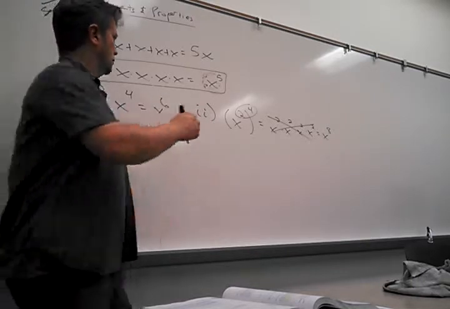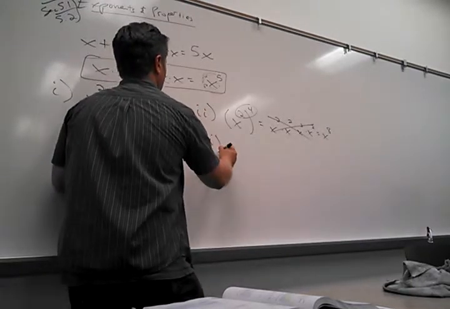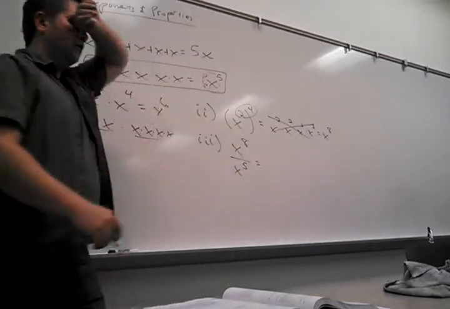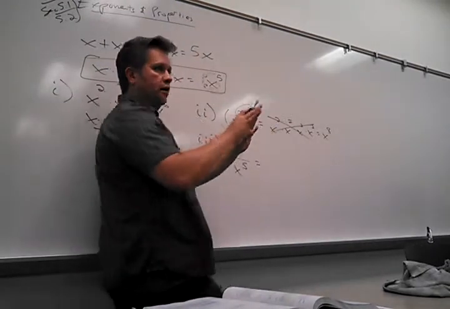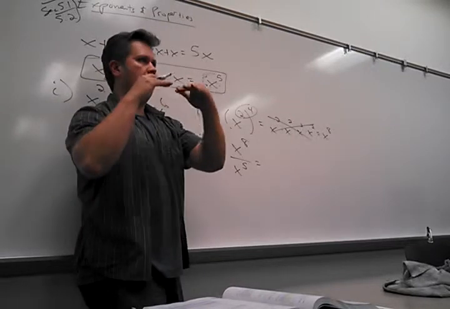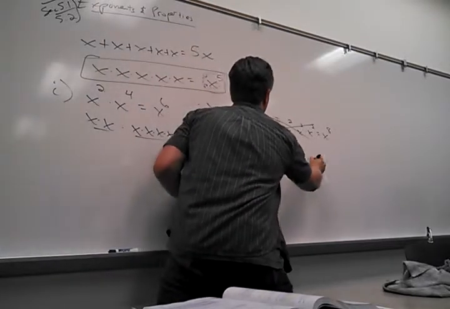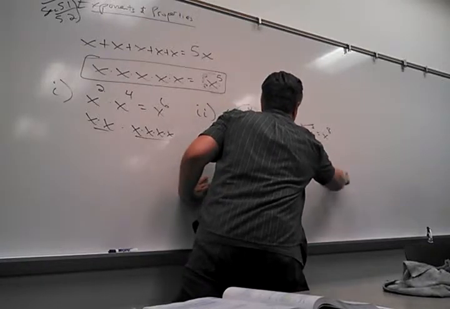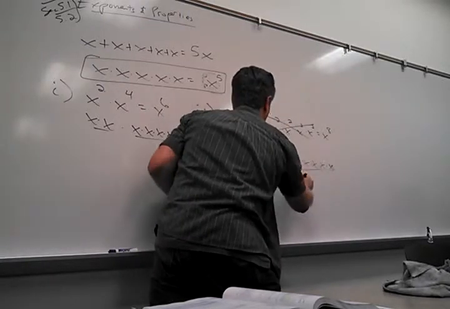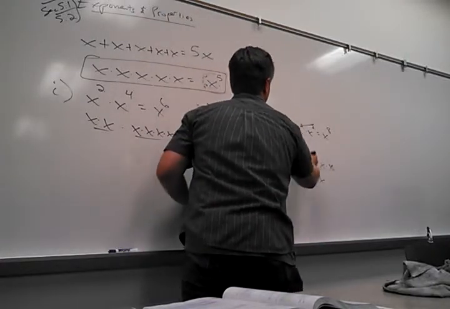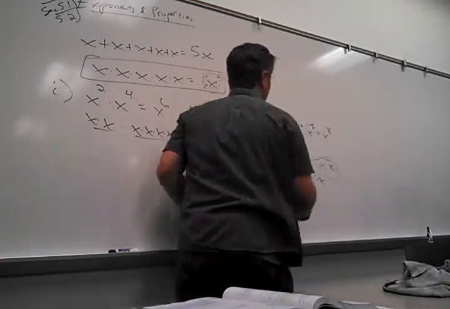Okay. So what about division? I never want to see you guys do this unless you really have to get used to it, but you can write it out, and then 5 of them go away, and you're left with 3 of them.